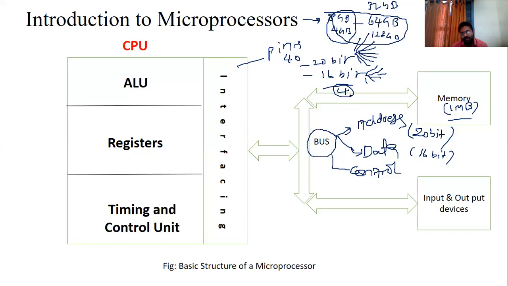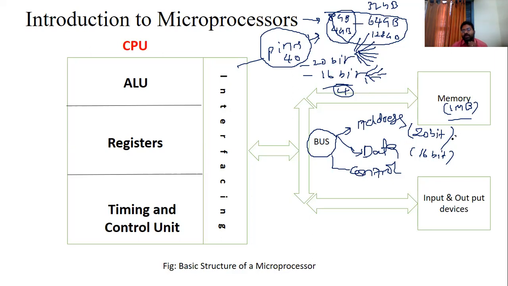The pins are not available. If you increase to 25 pins or 30 pins, there is no room to accommodate them. That's why the performance of the microprocessor depends upon the number of pins, and at that time they were restricted to 20 address lines.